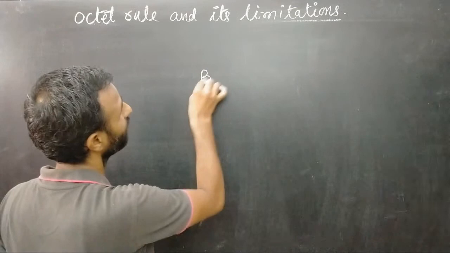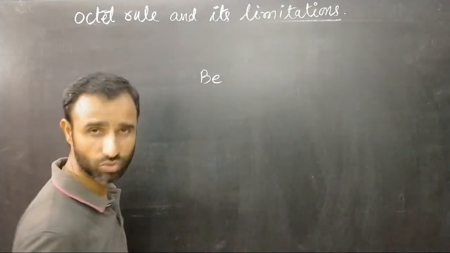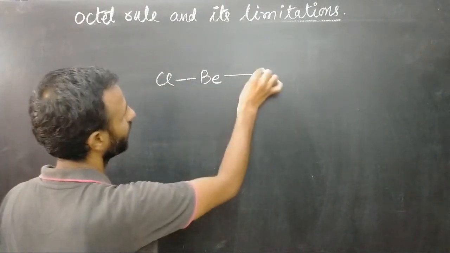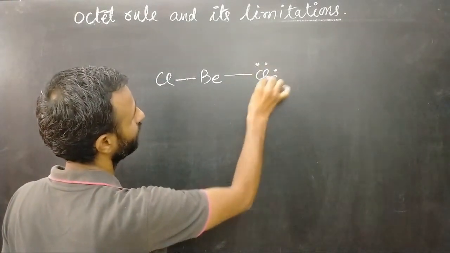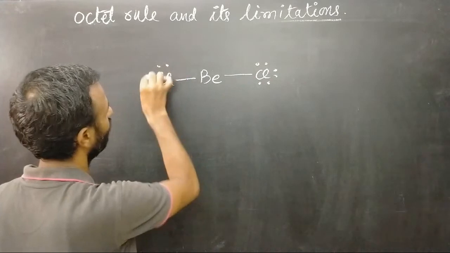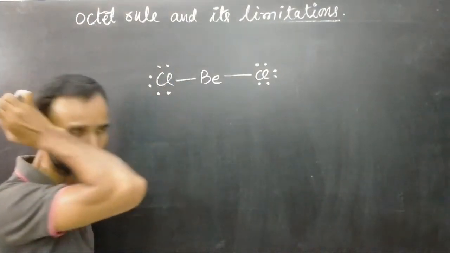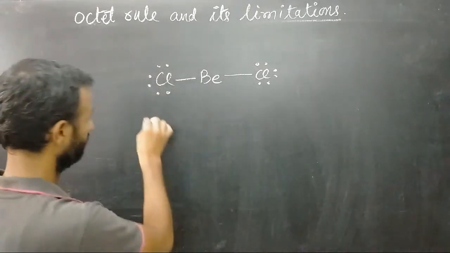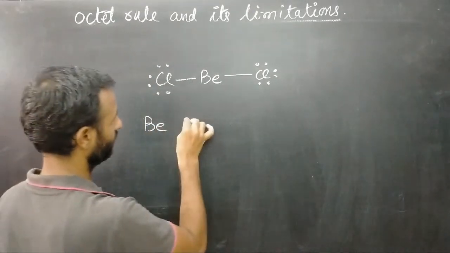BeCl2, beryllium has 2 valence electrons. So 2 electrons are shared, one with each chlorine. That's it. Okay, I got your point.